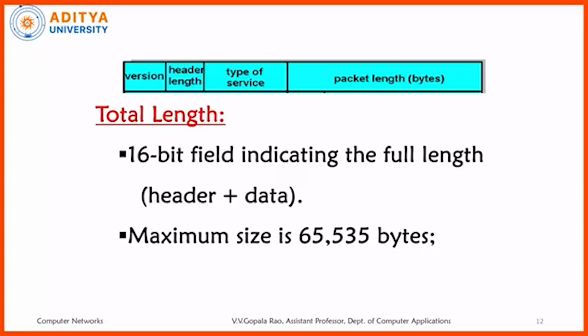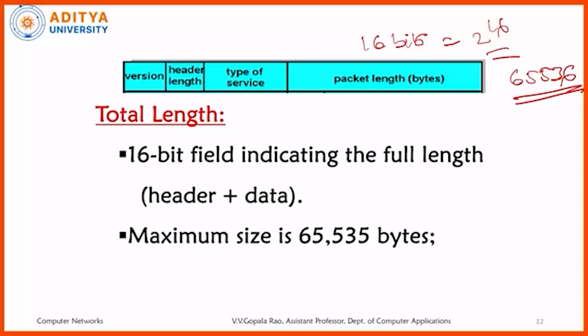For your information, I am showing the maximum size of the packet length in terms of bytes, because it is 16 bits in size. If you calculate 2 to the power of 16, it comes to 65,536 bytes.